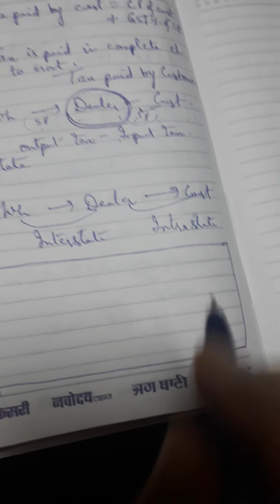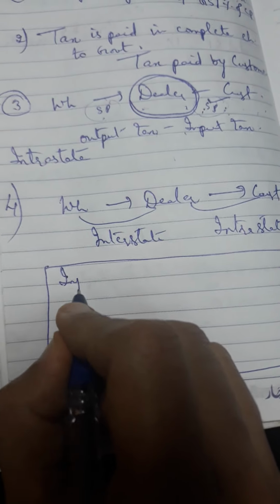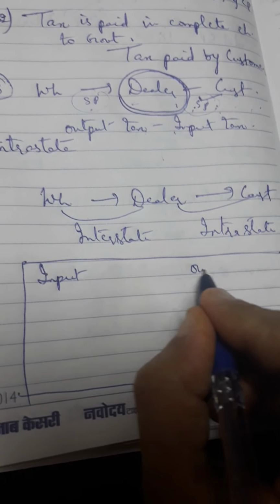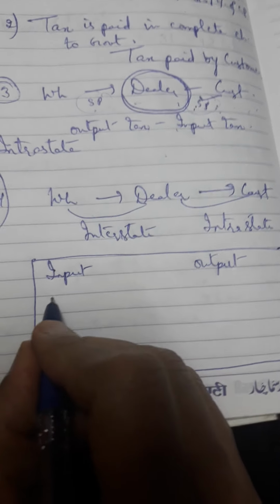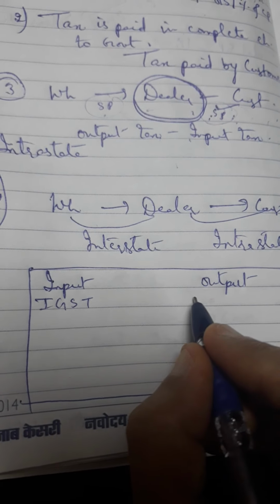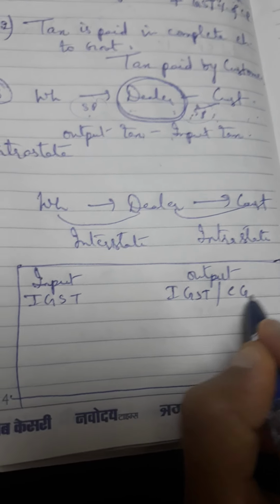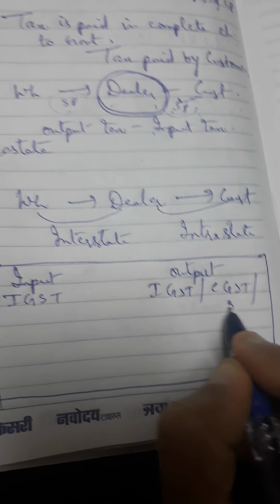I don't remember that table completely, but I am just giving you an idea. Here suppose it's input tax, here it is output. Two columns they have made. If input is IGST, then they give you IGST, CGST, SGST.